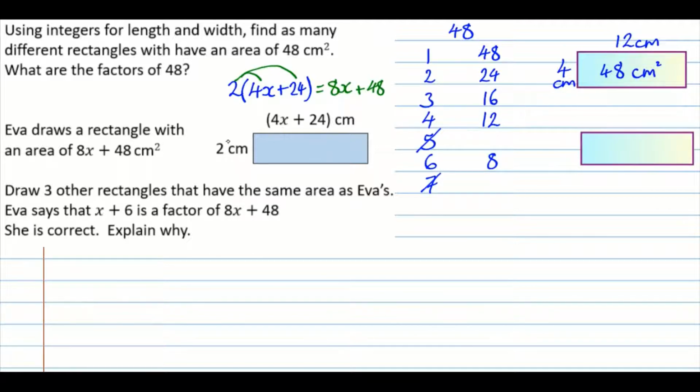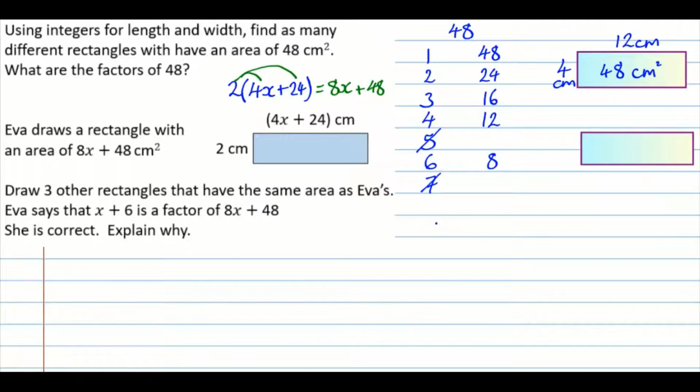So to make other examples, we need the factors of 8x plus 48. Now, this one's going to be a bit more difficult, but if we stick with integers, we'd need numbers that go into 8 and into 48.